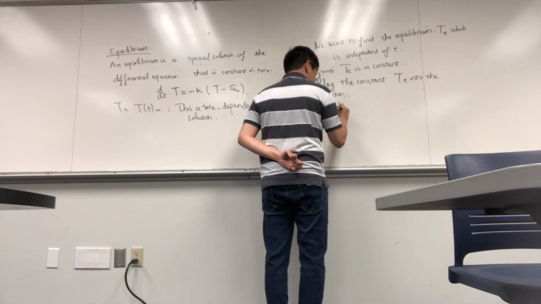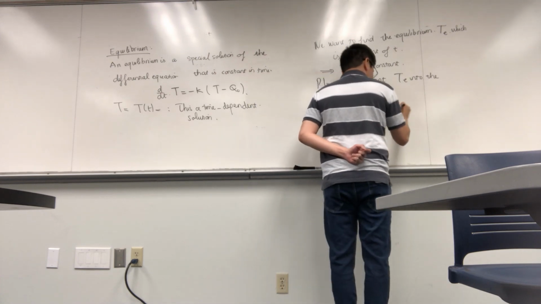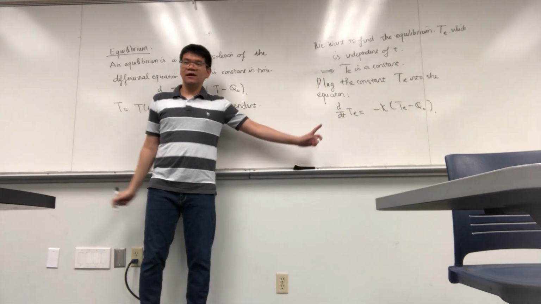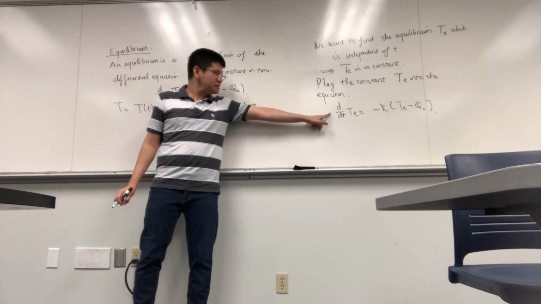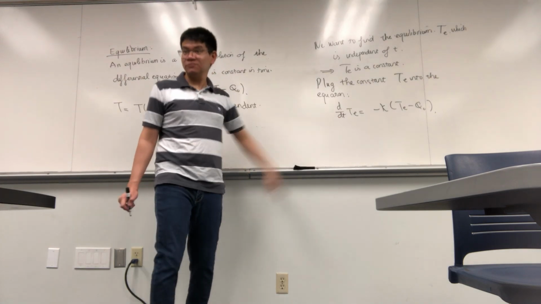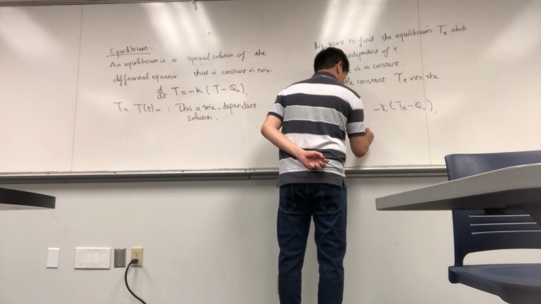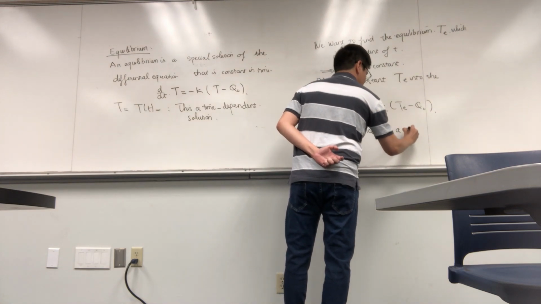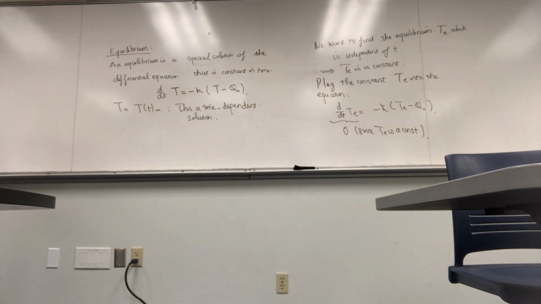So you're going to have d over dt of Te is minus k Te minus q0. All right? But this is a constant, right? So this is a constant, meaning that dT/dt is 0, since T is a constant.